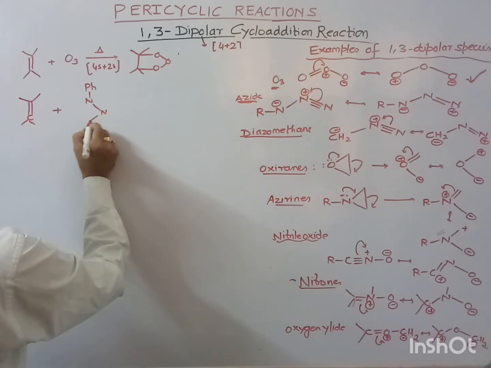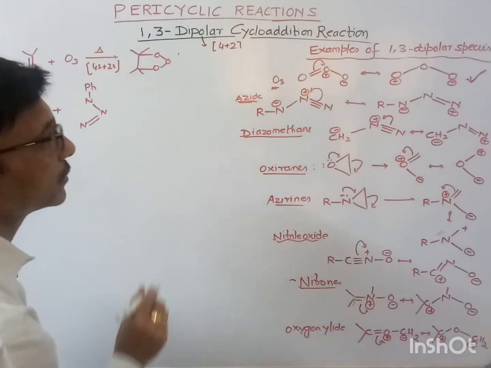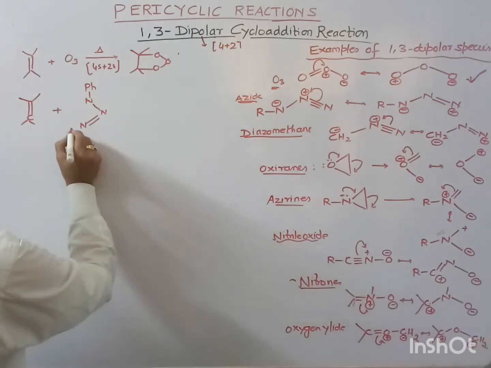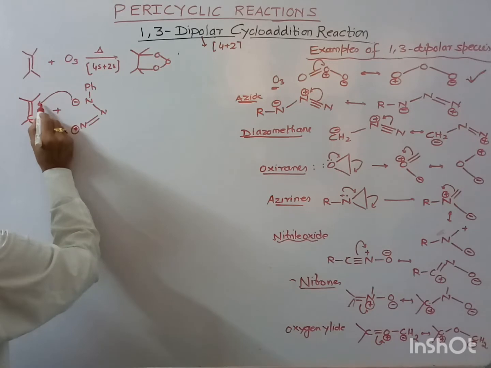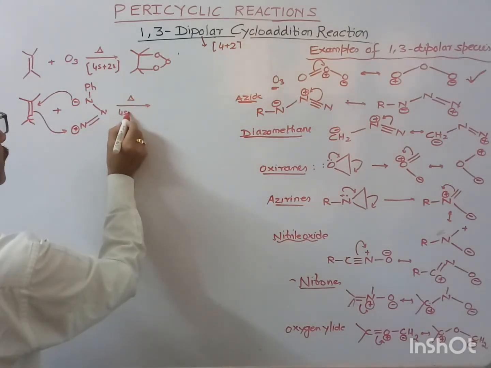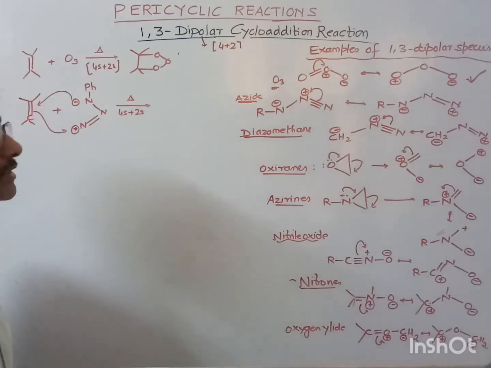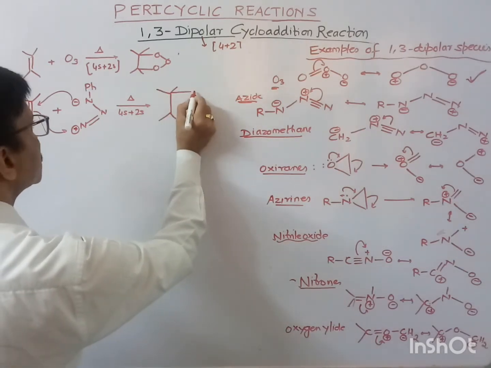Then we may write the positive charge over here and negative charge over here, and this will also give, under thermal condition, a 4s plus 2s cycloaddition reaction, and you will get this one.